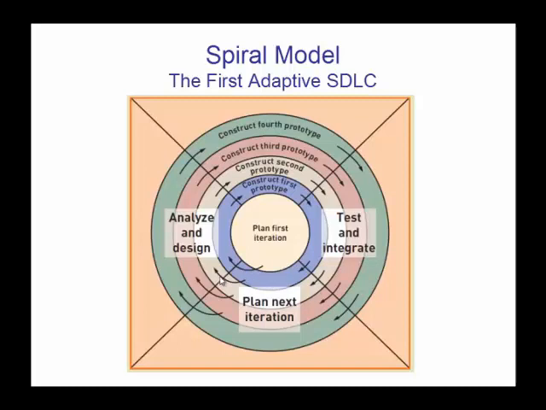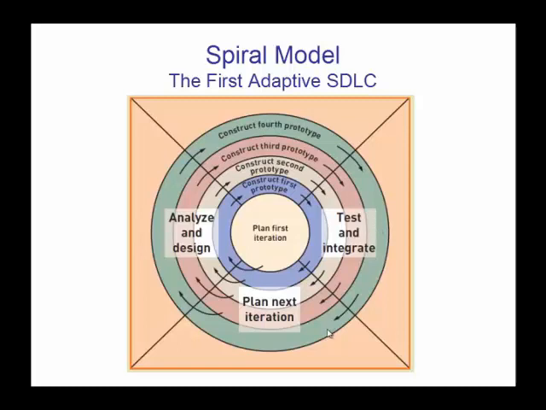And then you go in and do analysis and design for the second prototype and construct it, test it and integrate it with prior work, get a lot of feedback on how well it's going, and then plan the next iteration. Do analysis and design, construct a third prototype, test and integrate, get a lot of feedback, plan the final iteration, do analysis and design, construct a fourth prototype, test and integrate, get a lot of feedback, and then finally you're done.